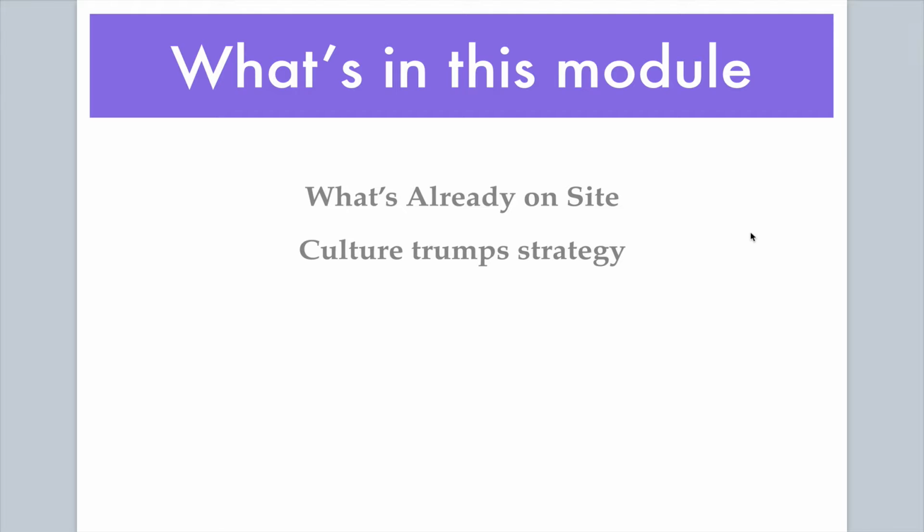It's also important when you're thinking about designing an organization to know what's already on site. One of the key messages is that culture trumps strategy. So if your organization is very green, very process driven, very operational, and your strategy is to become very yellow, very innovative, the chances are the culture will stop you from achieving your strategy.